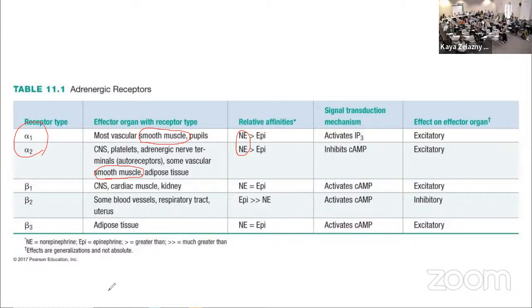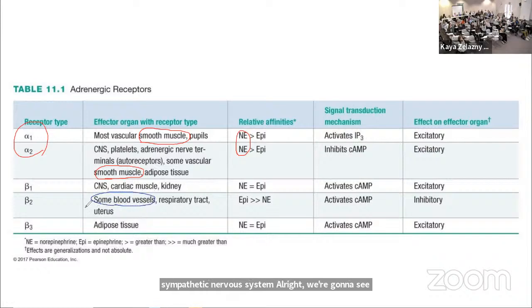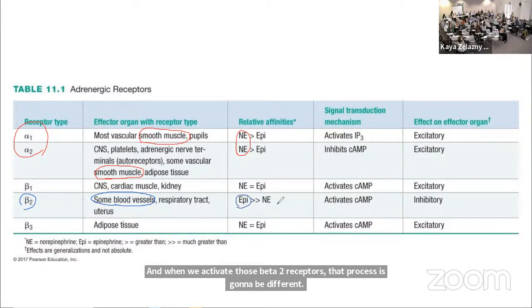Hopefully we're noticing that another thing that might be reacting to the sympathetic nervous system is that some of our blood vessels, but not all of them, are going to have beta-2 receptors. When we activate those beta-2 receptors, that process is going to be different because they really highly prefer epinephrine.